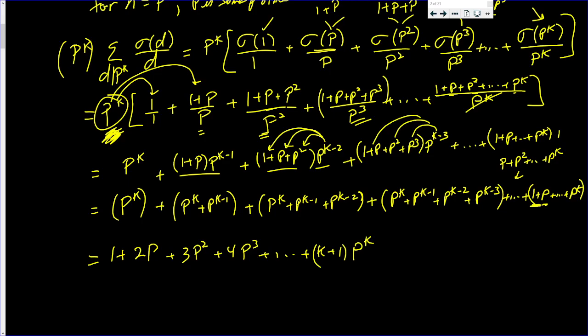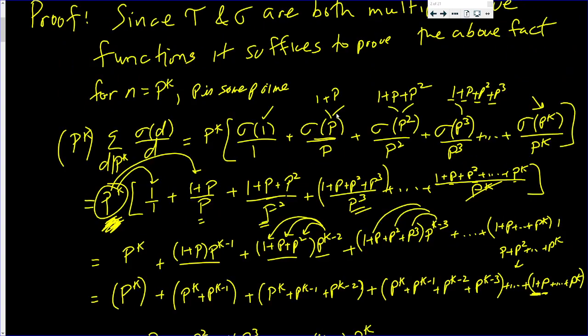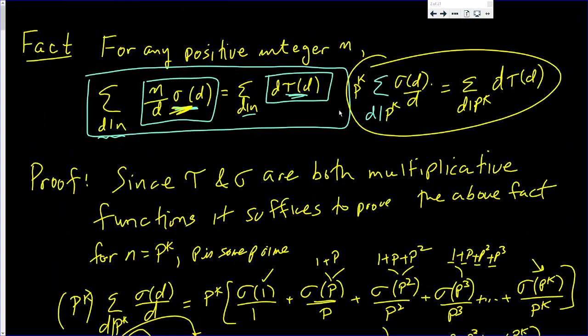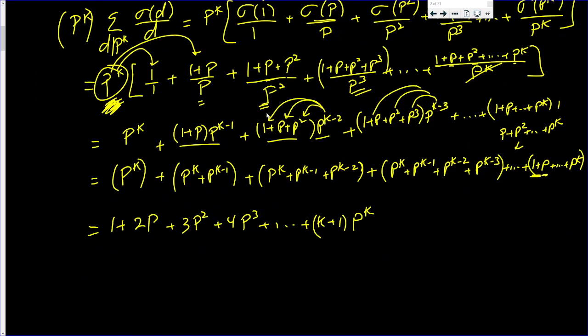Okay, so now we're in a good position. We want this to equal that. We want it to equal the divisor times something. Well, let's not worry about 1 for a moment.